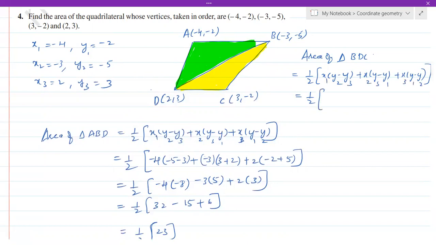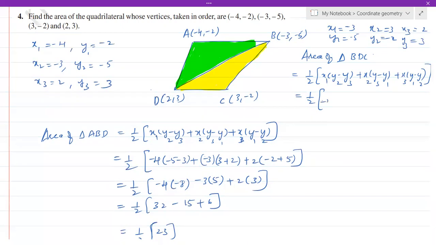Let's start with x1, x1 is minus 3, y1 is minus 5. That is the coordinates of B. Coordinates of C will be x2 y2, x2 y2 is 3, minus 2, and x3 y3 will be coordinates of D, which is 2 and 3.